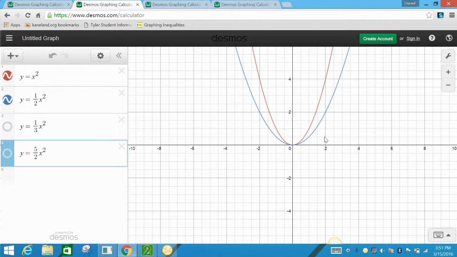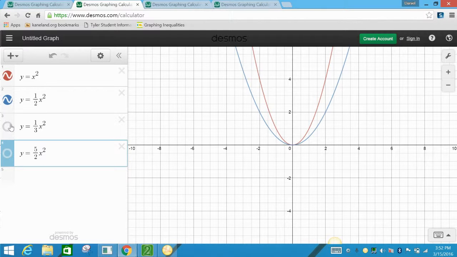So it's going to take longer for them to grow because we keep cutting them in half. In our parent function, when x is 2, y was 4, but we cut it in half. So when x is 2, y is only 2 in this new equation.